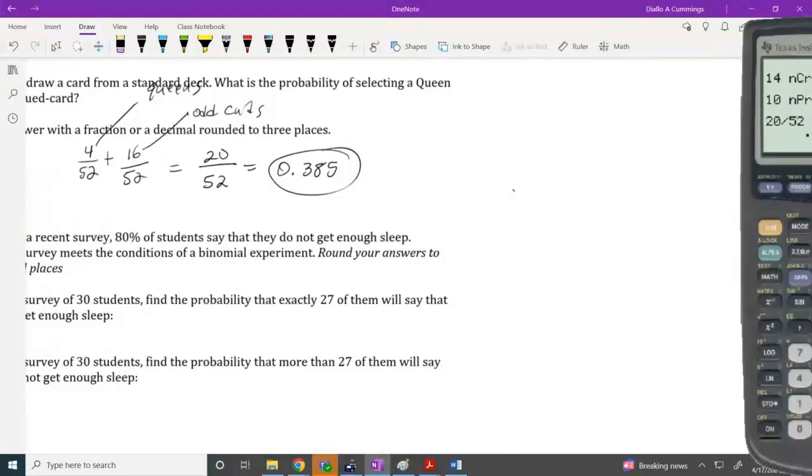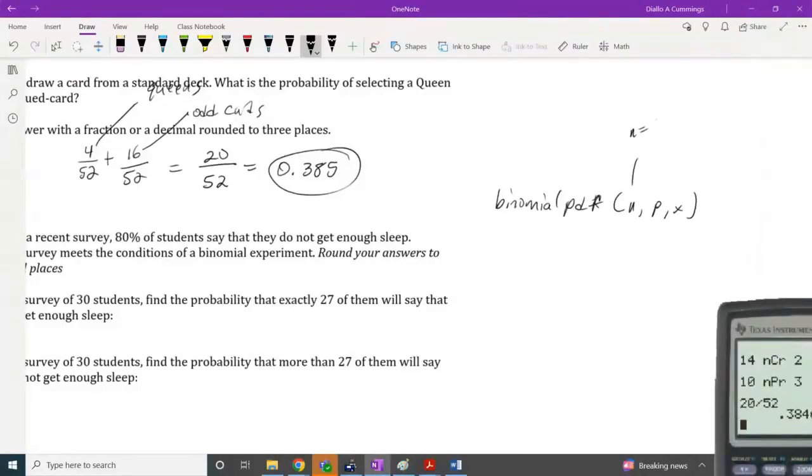Binomial PDF. You had to give it 3 parameters, right? N, P, and X, where N was the total number of trials, P is the probability, and X was the number of successes.